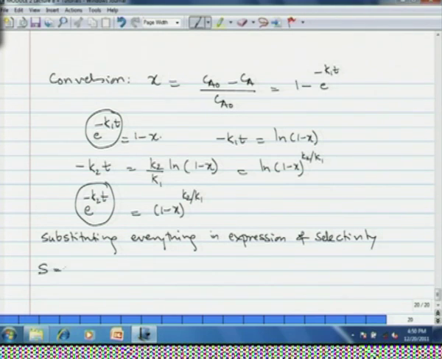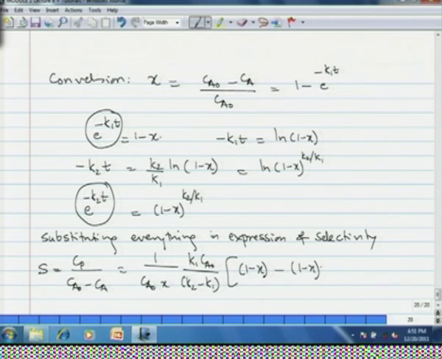S is equal to Cr divided by Ca naught minus Ca is equal to 1 divided by Ca naught into x into K1 Ca naught divided by K2 minus K1 into 1 minus x minus 1 minus x raised to K2 by K1.